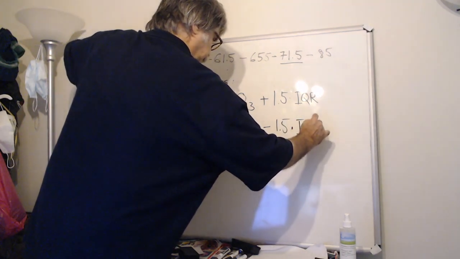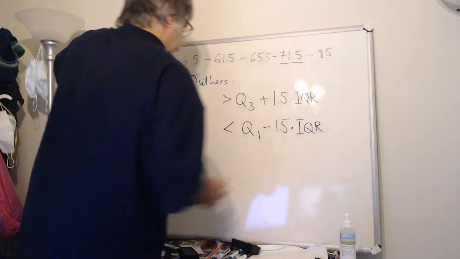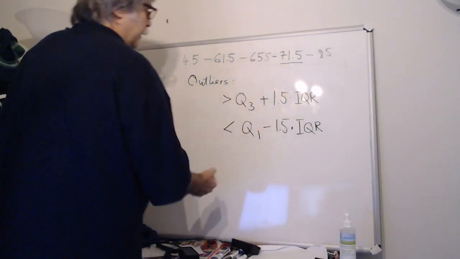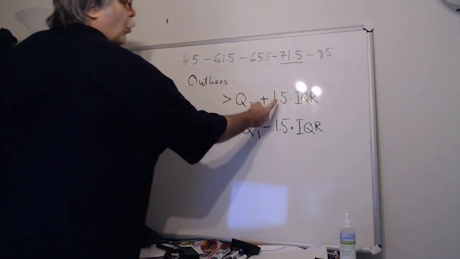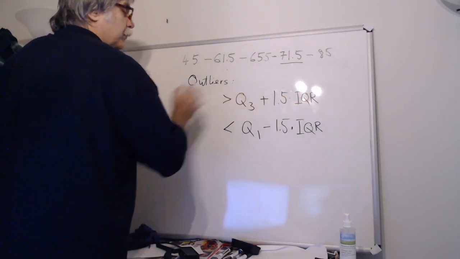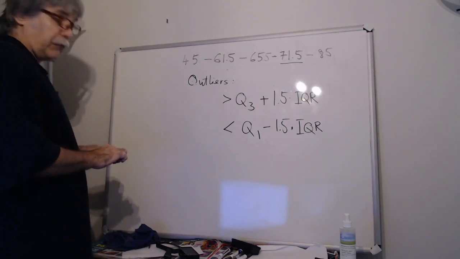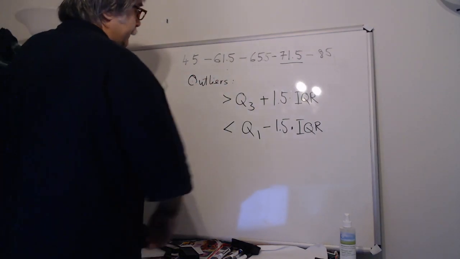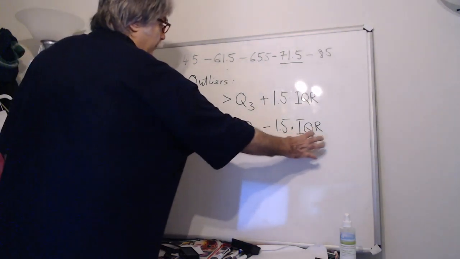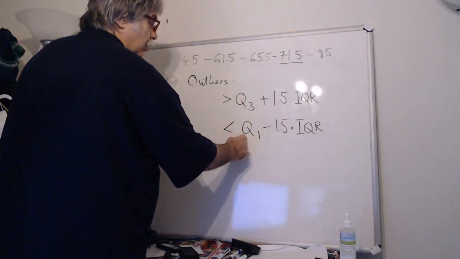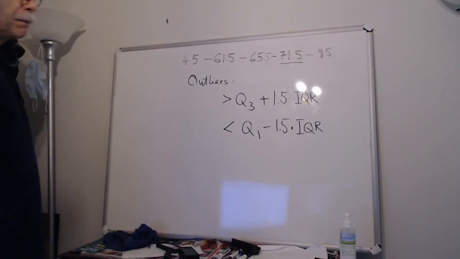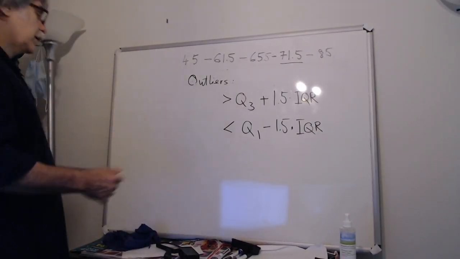Again, this number is 1.5 interquartile range above the quartile 3. See, I was adding the number to it, right? This number here is 1.5 of interquartile range below quartile number 1, because I was subtracting that. This is what the outliers are.